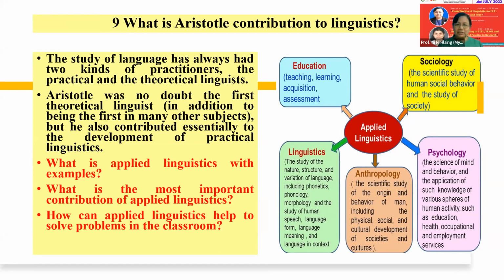Okay, applied linguistics is the multidisciplinary field that focuses on various disciplines such as psychology, educational research, sociology, anthropology, ethnography, pedagogy, political science, communication and media studies, and economics. So this is the applied linguistics definition and its examples.